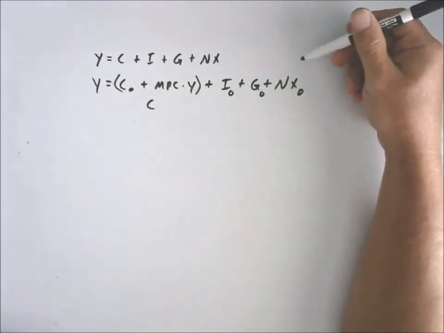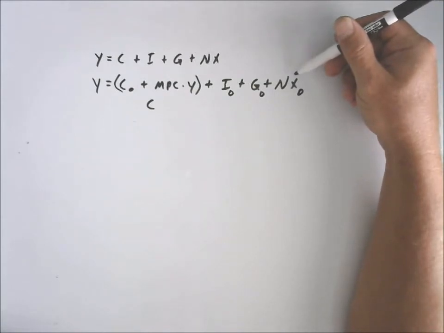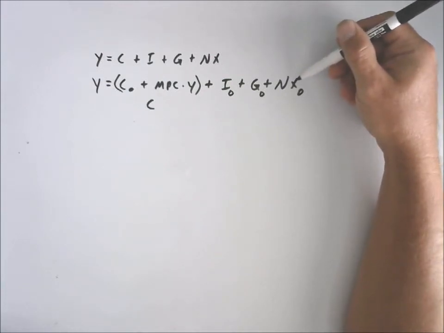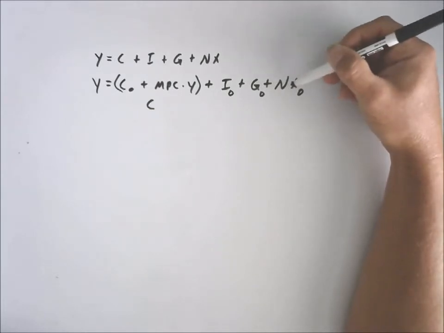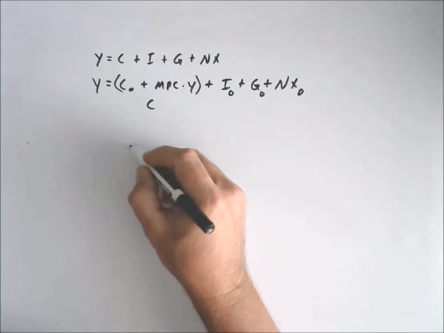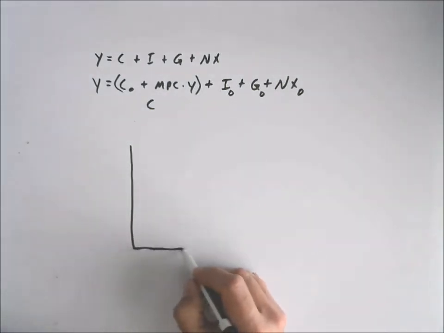Just as some interest, remember, NX is exports minus imports. Your book may consider imports as being induced, a function of income. We're not going to worry about that. We're just going to keep it all autonomous, okay? That simplifies our model considerably.